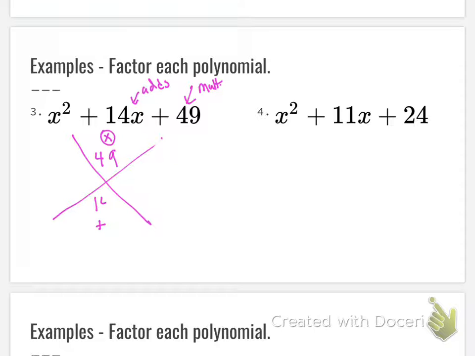So we have 1 and 49, 2 doesn't go into it, 3 does not go into it, 4 does not go into it, 5 does not go into it, 6 does not go into it, but 7 does, 7 times 7. So your options here are going to be 50 and 14. Well, the only one that matters to us is that 14, 7 and 7. And again, all of your answers will take solutions in the form of x plus 7, x plus 7.